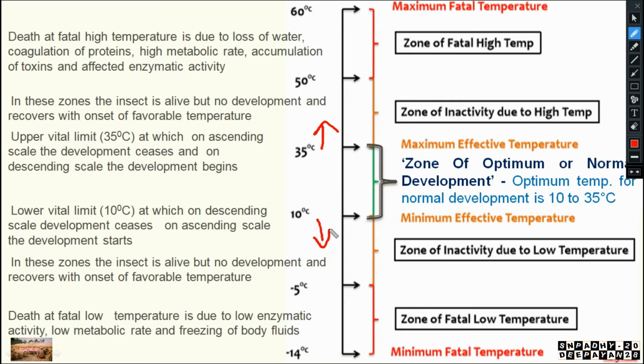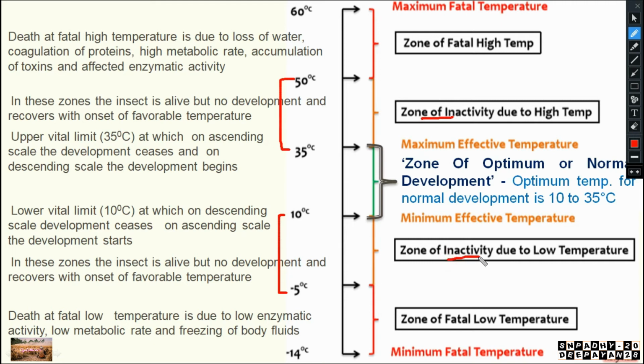Now coming to the next zone, and the zone is 50 to 35 degrees centigrade and 10 to minus 5 degrees centigrade. These two zones are known as the zone of inactivity. Here the term inactivity is important.